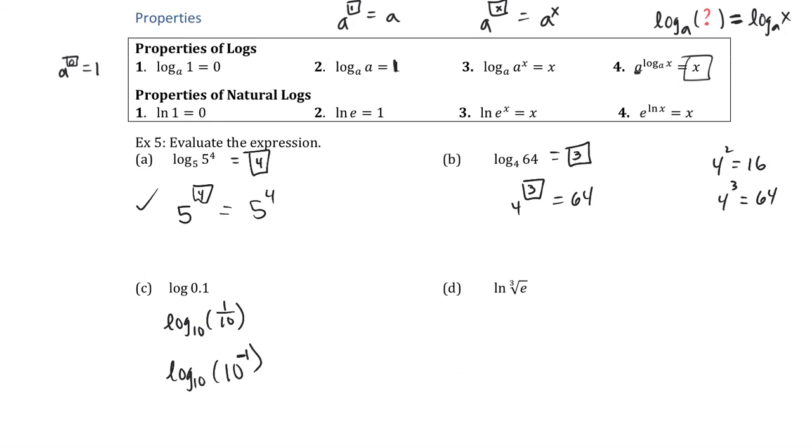All right, and then this is based on property 3. That is negative 1. Okay, log base e, when you see that ln, and this is the cube root of e, that means the same thing as e to the 1/3. Okay, so then that is equal to 1/3.